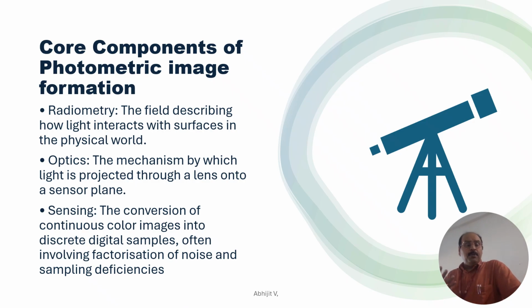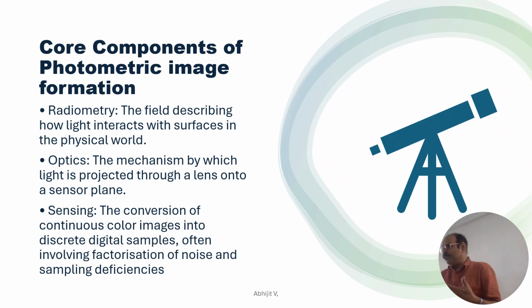The mechanism by which light is projected through a lens onto a sensor plane. Finally, the sensor. Through light, we have shadow, we have light being reflected, and we are able to create or form the image.